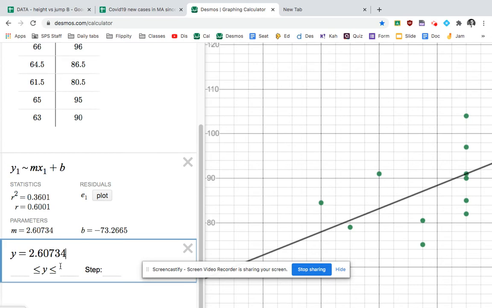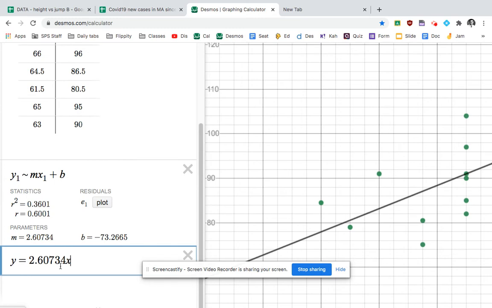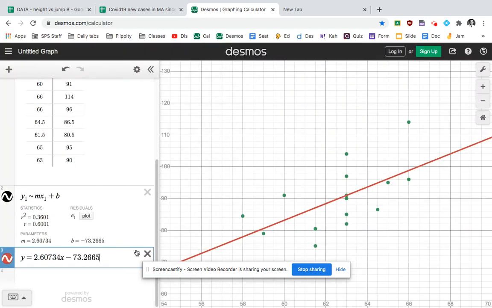That's so every inch a person grows, they can jump an extra 2.6 inches according to our data, x, and then minus 73.2665. Okay, so now I have my line in there. It's there in red, which pretty much is the same thing as the one in black.